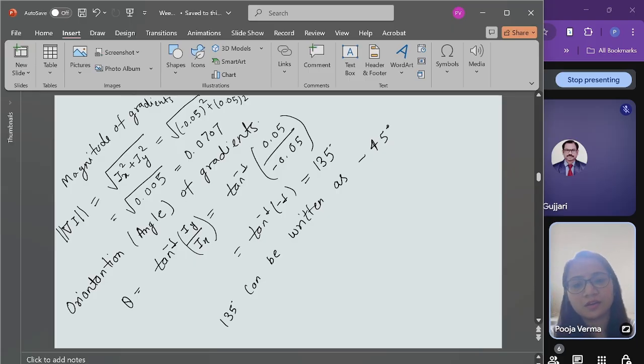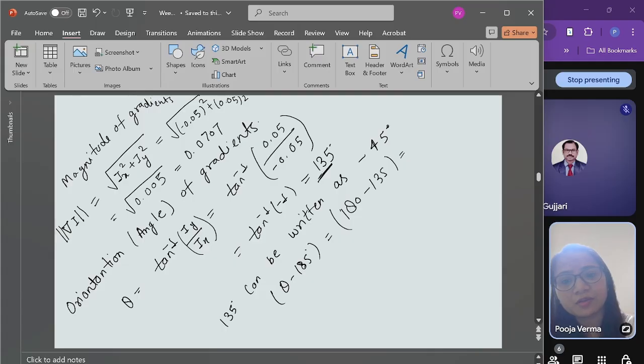We can convert it also, like theta minus 180, that one. So it is all 135. In representation, you can say the angle is also written as minus 45 degree.